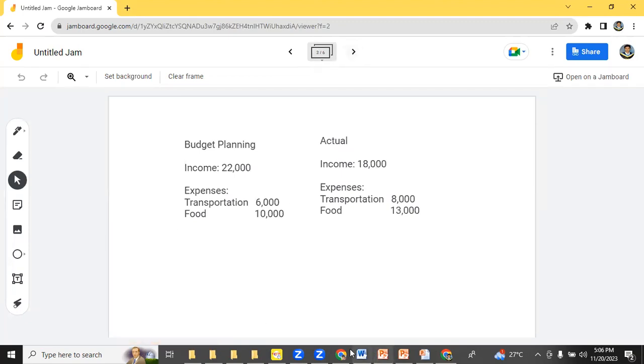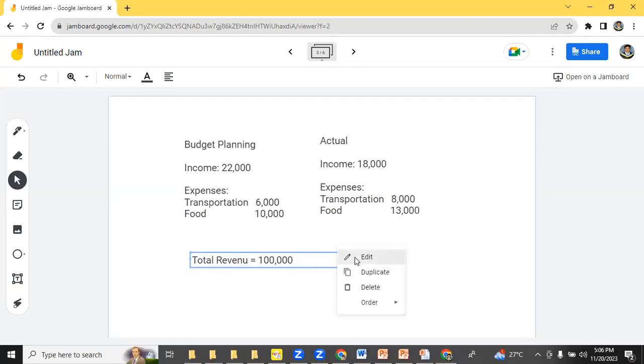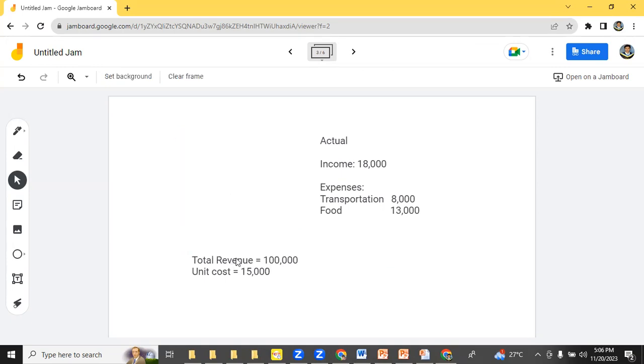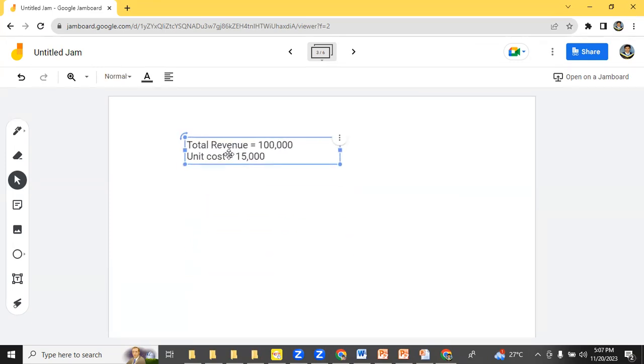Okay, so let's break them down. So, ang atong total revenue, okay, so nga man nakuha natin 100,000, that's 10,000 times 10, 100,000.